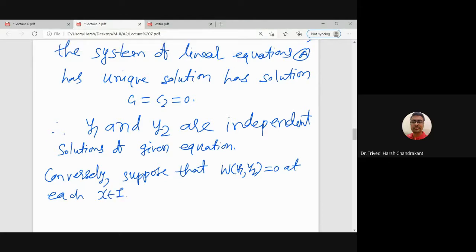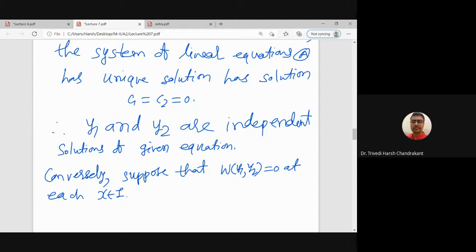So if it is 0 at each point, what is our goal? Our goal is we want to prove the solutions y1, y2 are linearly dependent.